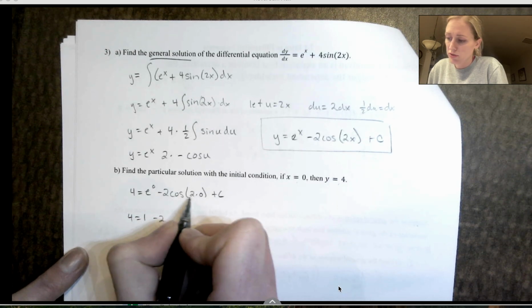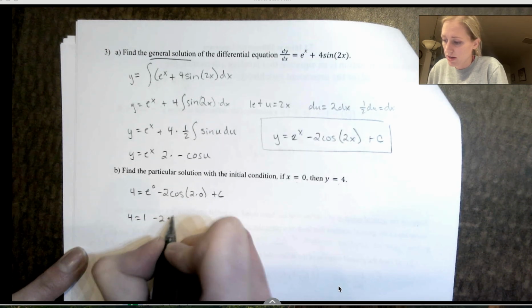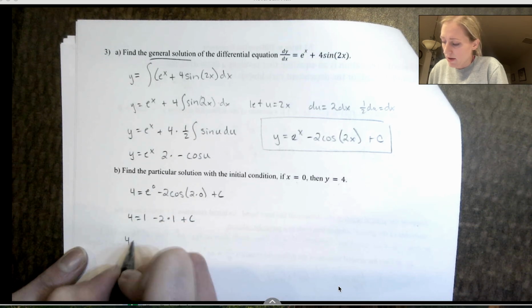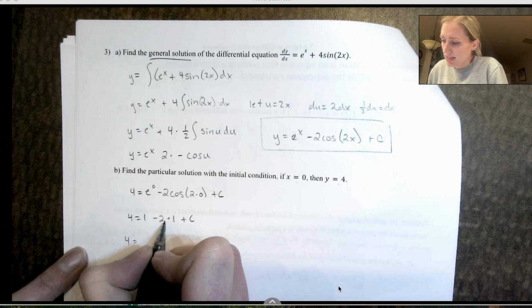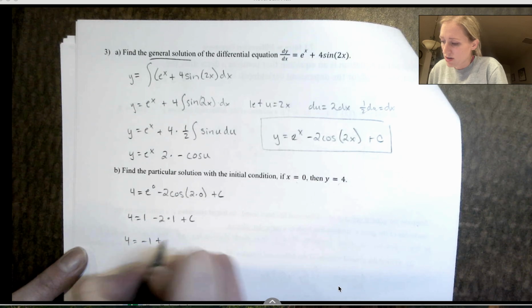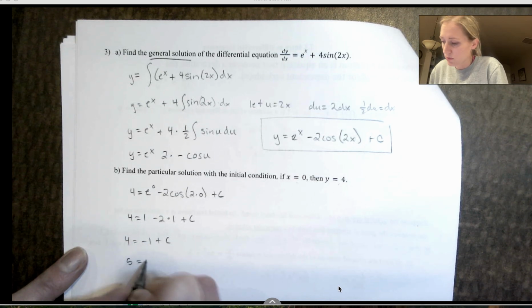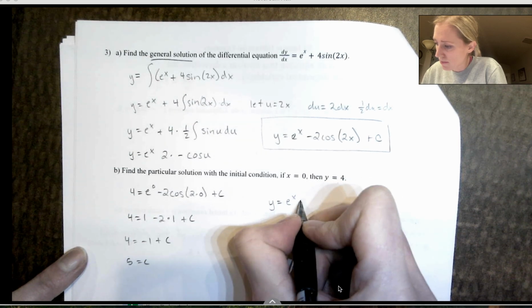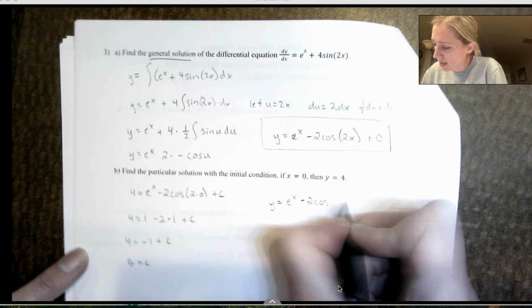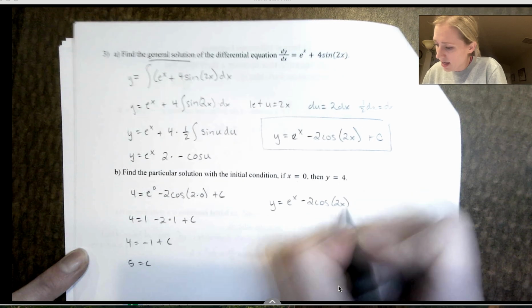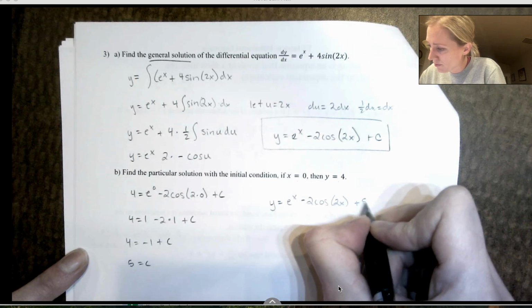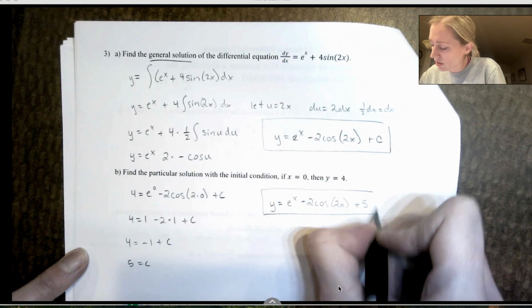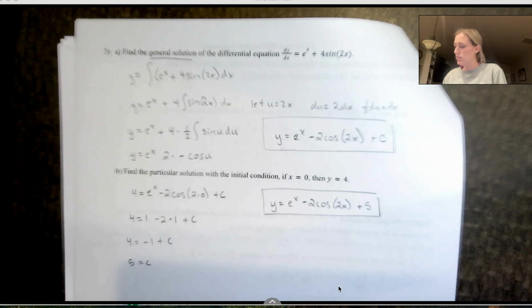Cosine of 2 times 0 is cosine of 0, which is also 1. So we have 1 minus 2, which is negative 1. So 5 is equal to c. So my particular solution is e to the x minus 2 cosine of 2x, and then plus 5. So that is the particular solution that goes with that initial condition.